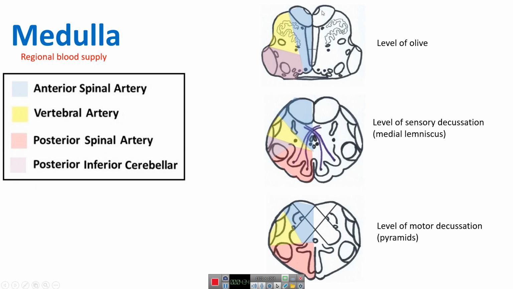So in this simplified diagram of the regional blood supply of the medulla, we have the anterior spinal artery. This is the anterior spinal artery supplying mostly the paramidline.